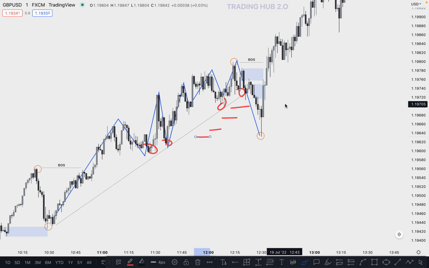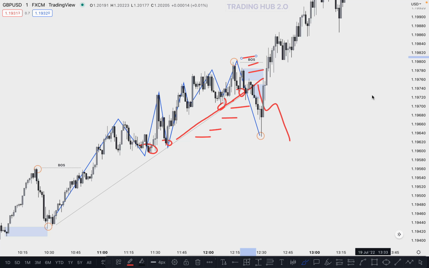And some other type of traders come in here to sell when the market breaks this trendline, right? They anticipate price pushing downside, correct? Because the market broke this trendline and they put the stop loss just above it. Okay, so in this case you can see stop losses have been created on both sides. What do market makers do in this case?